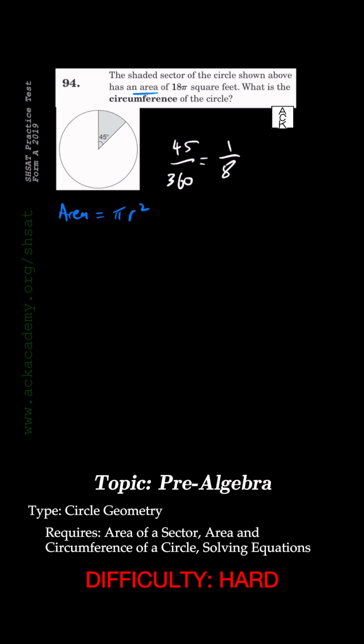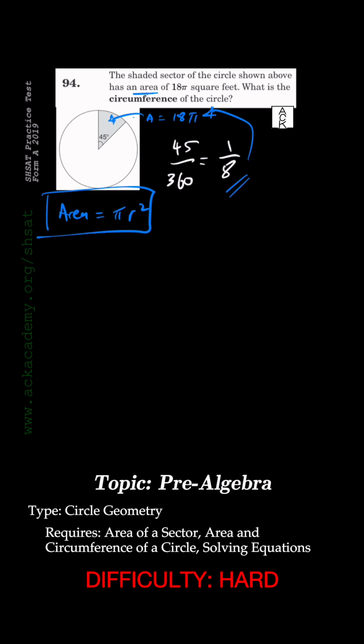So when we know this, given that the area is equal to 18 pi, let's set this equal to this.